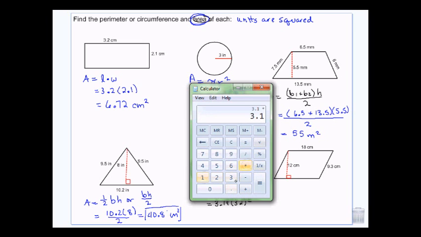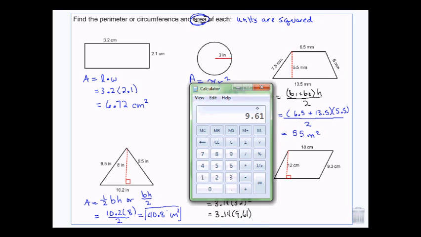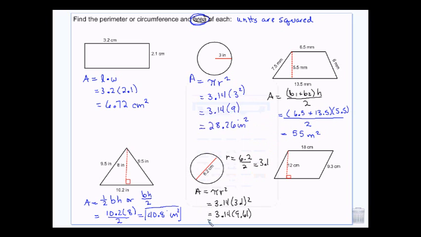Okay, 3.1 squared is 9.61. And that times 3.14 is 30.18. That's centimeters squared. Sorry, that's so squishy.